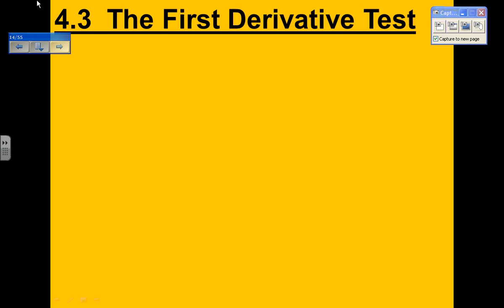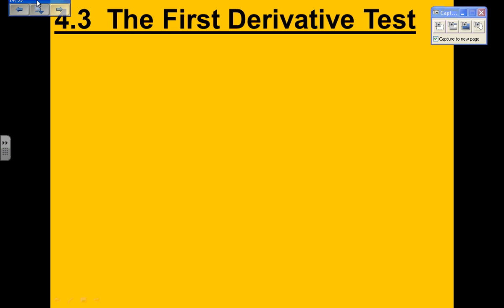It will say on your final, it'll say on your test, use the first derivative test to do this. Use the first derivative test to do that. It's going to tell you. Just like with the mean value theorem, it had to be differentiable and continuous. The first derivative test helps you find maxes and mins, and it also helps you find where the function's increasing and decreasing. Okay? That's mainly what it's used for, and you use a number line with it.